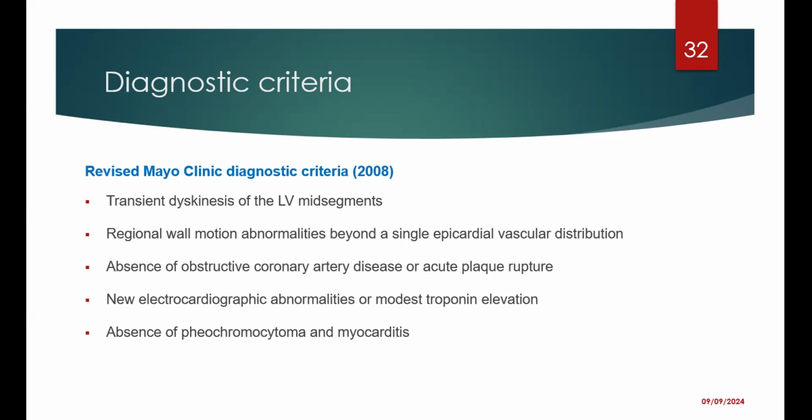Then they can proceed to ask what is the next investigation you will do. And when you say you're going to do an angiogram, they will add: what if the angiogram comes out normal? What will be your diagnosis? What other investigations will you do? And how will you manage? So I think that is how the question will come out in the OSCE station.